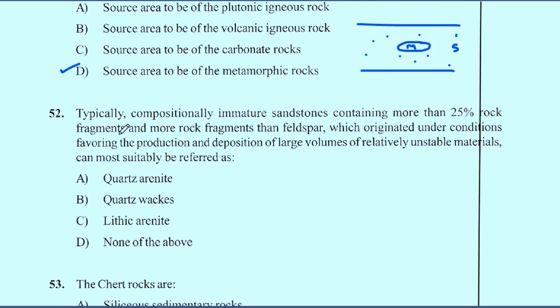Now 52. This is a sandstone classification question, so we will directly go to this. More than 25% rock fragments. If there is greater than 25% rock, it is an arkose or lithic arenite.